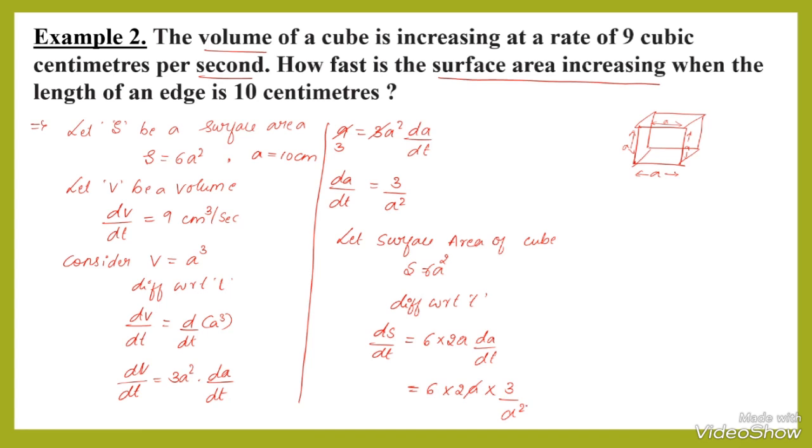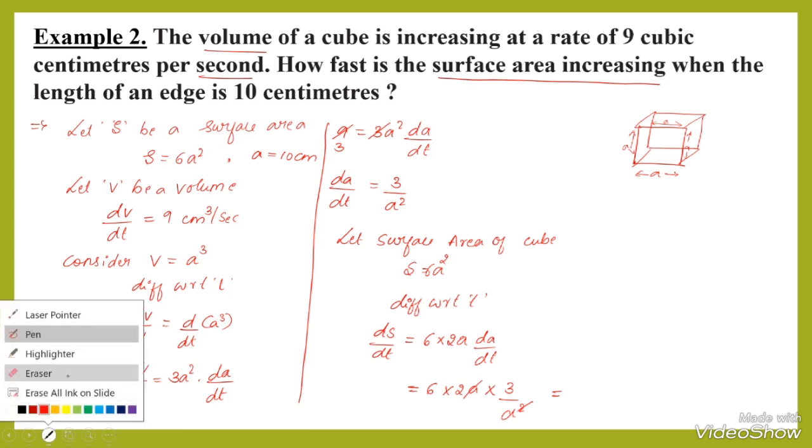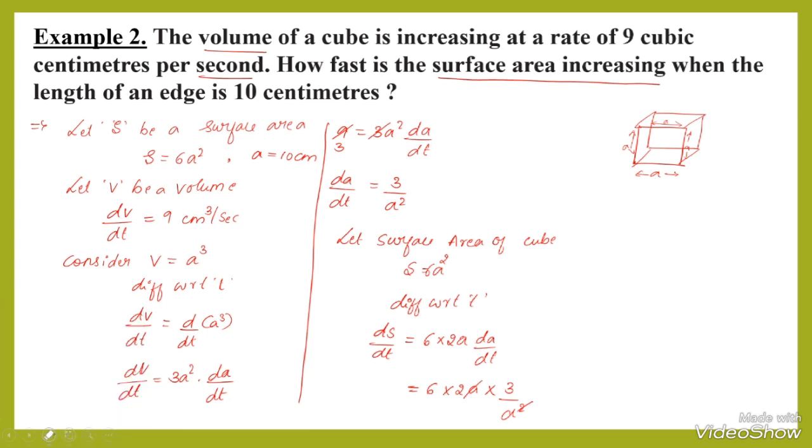I can cancel A. We have 6 into 2, 12, and 12 threes are 36, so dS by dt is equal to 36 divided by A. They have given the edge length, so what is the value of A?